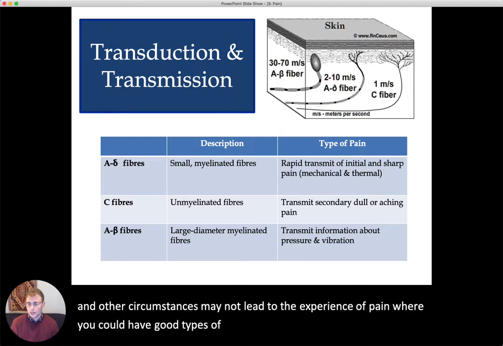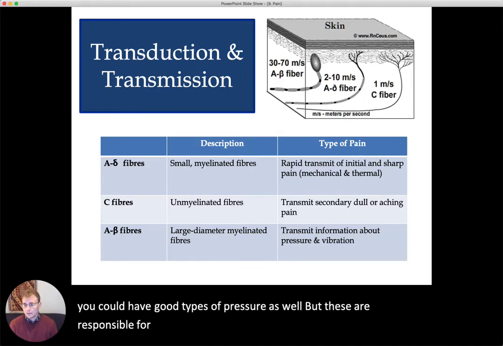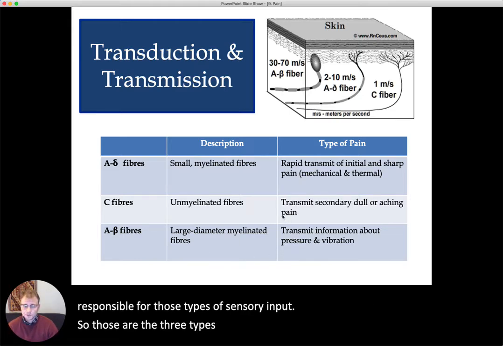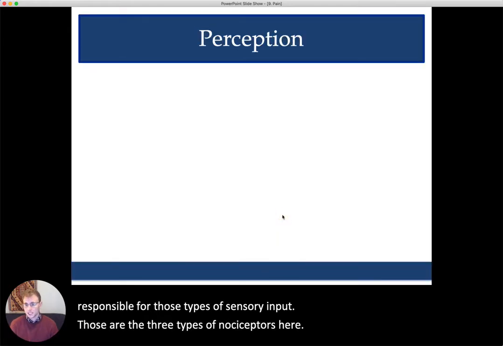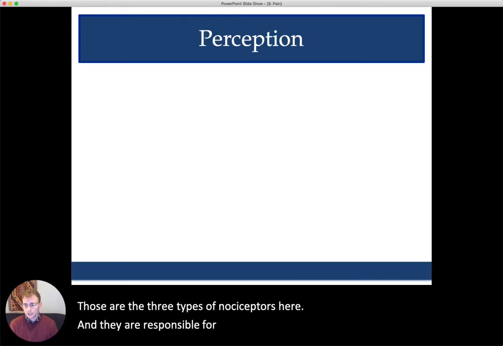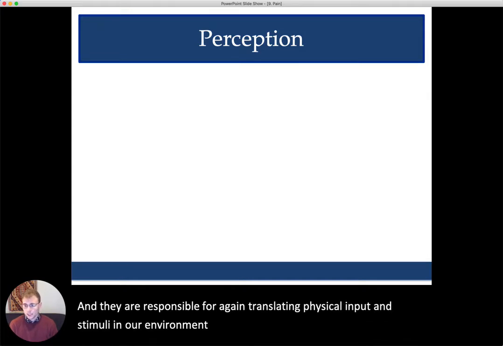But these are responsible for those types of sensory input. So those are the three types of nociceptors here. And they're responsible for, again, translating physical input and stimuli in our environment into a neural impulse that can ultimately be interpreted by the brain.